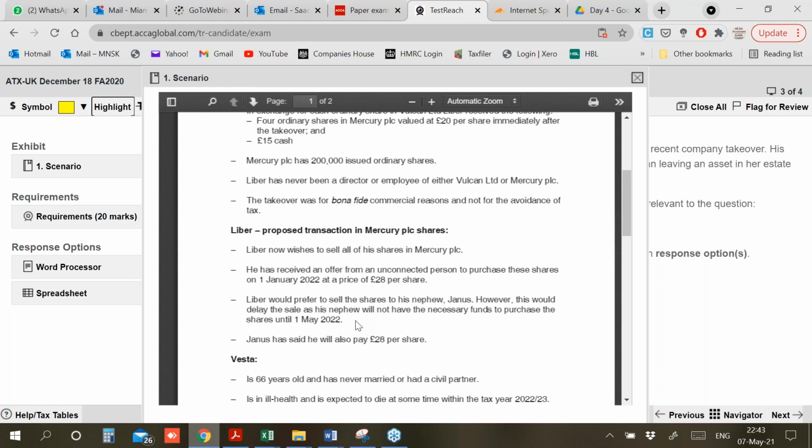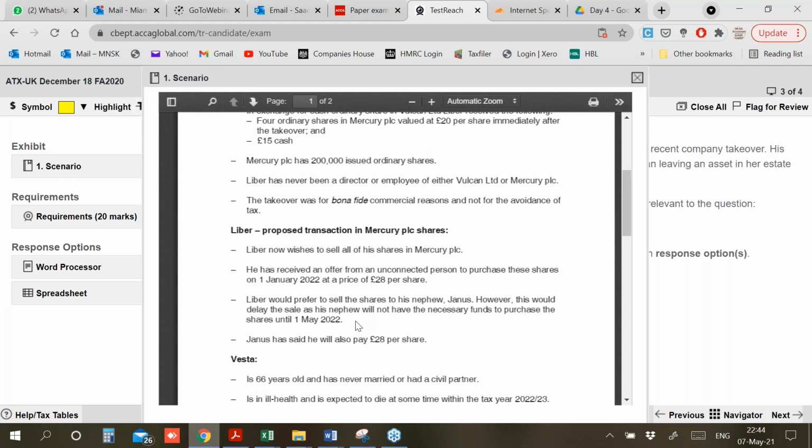So don't answer that if he delays the sale, his nephew will be able to buy. We are not here to take care of the nephew. We have to tell what will be the impact on taxation if the sale is delayed. Now Janus said that he will also pay £28 per share, so obviously he will not be getting any extra money in either scenario.